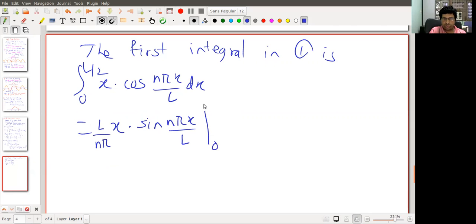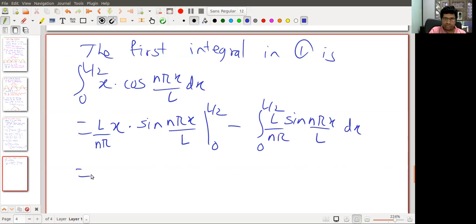Limits are 0, L by 2, minus the integral of the derivative of x, that is 1, times the integral of the second, that is sine n pi x by L divided by n pi by L, meaning L upon n pi, dx.